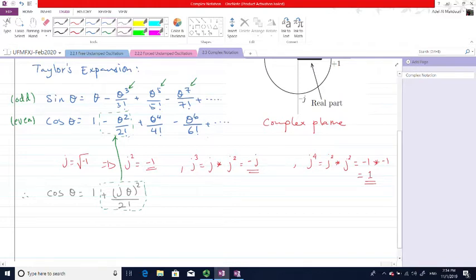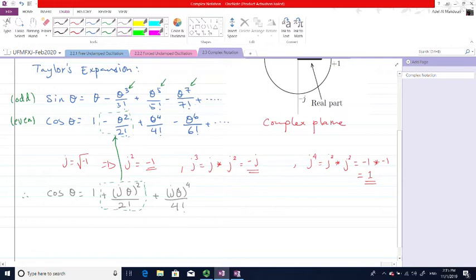If we use theta to the power 4, we plug in j to the power 4, which is going to be positive 1. So if we plug in j theta to the power 4, there is no change: j to the power 4 is +1, multiplied by plus gives +1, over 4 factorial.